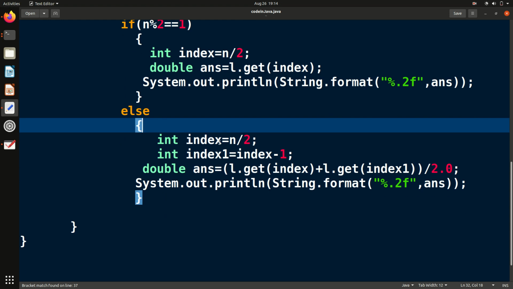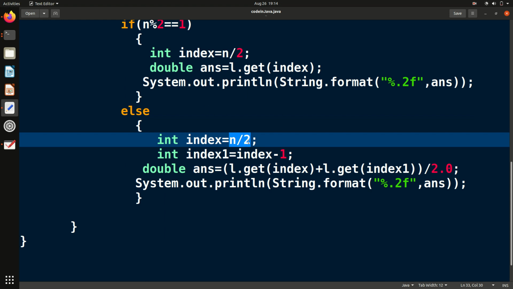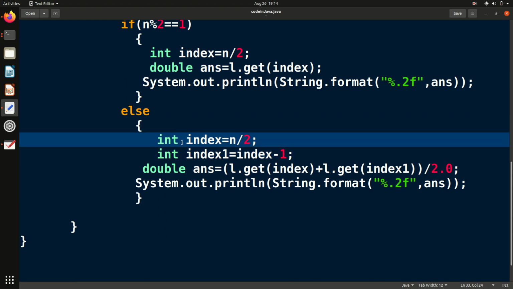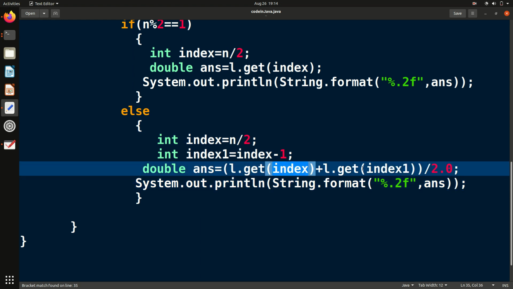If it is even, we will get 2 indexes as I discussed, n by 2 and index minus 1. Since it is int, we are doing integral division, because int will never store the decimal part. We got 2 indexes, we will get the value at both of these indexes, take the average, divide by 2, store in the double, and print it.